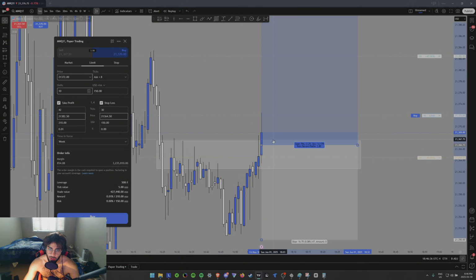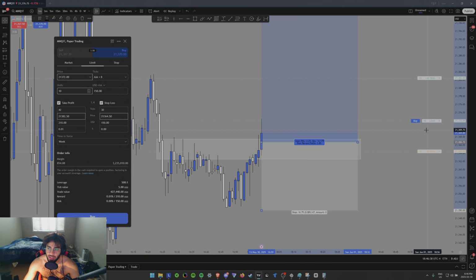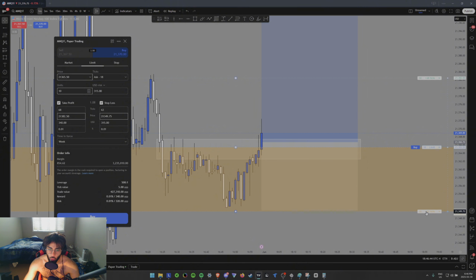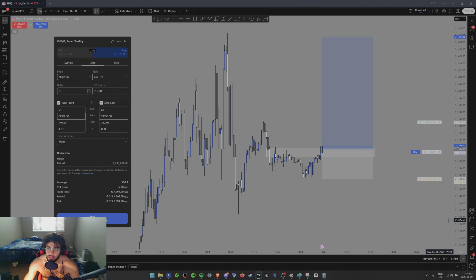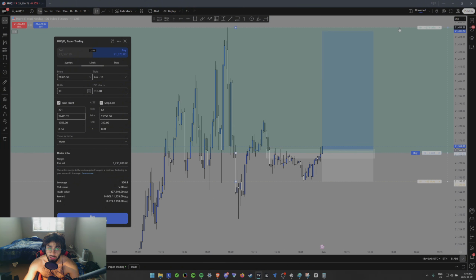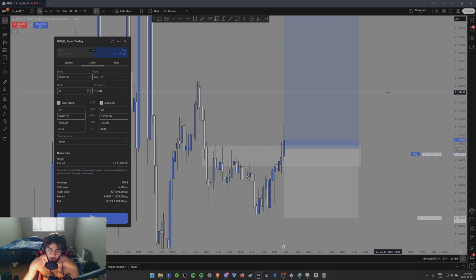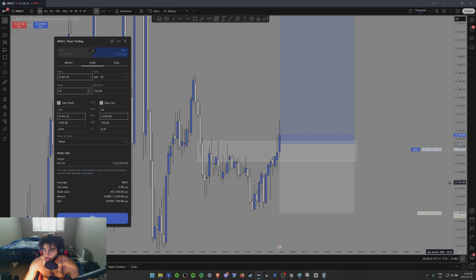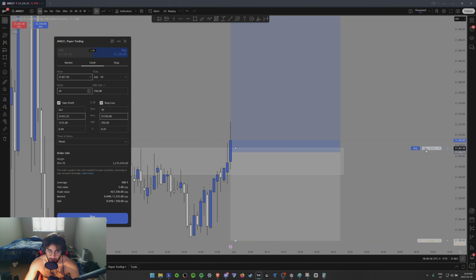For limit orders, let's just say price moved up a little bit and I missed my entry for whatever reason. What you can do is take your limit, and you don't want to enter over here because it's too high. What a limit order does is that when price taps into your limit, it'll tag you in without you having to manually join the market. So let's just say price closes up here.